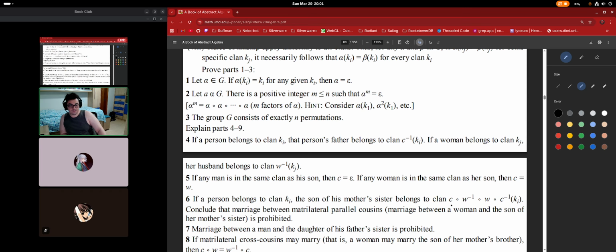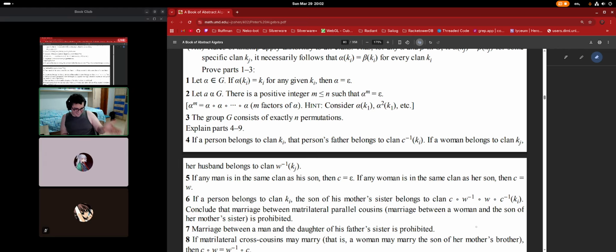I'm saying that alpha can be arbitrary. Well, no, but alpha must be constructed from a composition of C's and W's, right? And their inverses. Exactly, and this is one of them, right? Well, that's just identity directly.